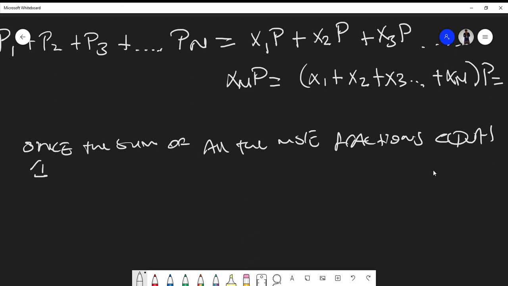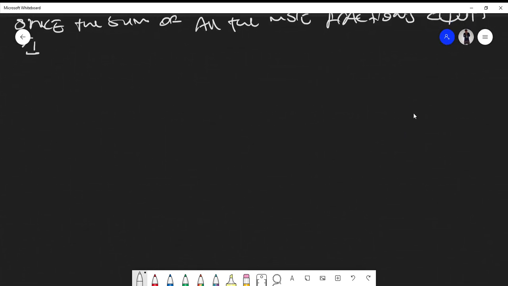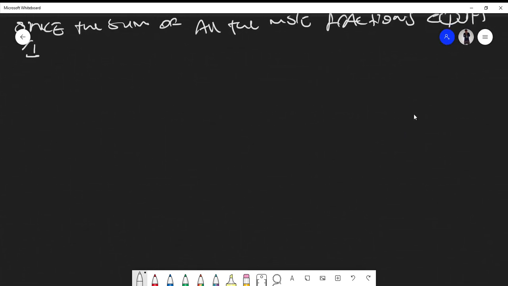So let's talk about a real gas. Let's switch topics from our mole fraction component to what we call a real gas, which is also what we call a non-ideal gas. So this is in the real world.